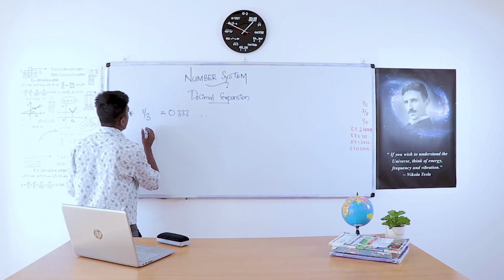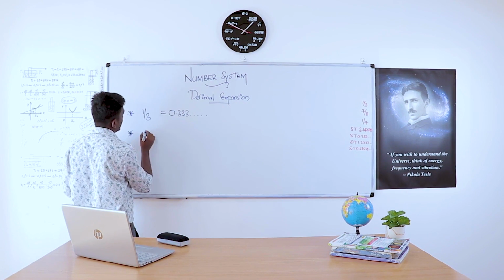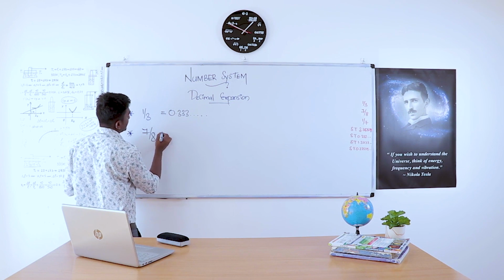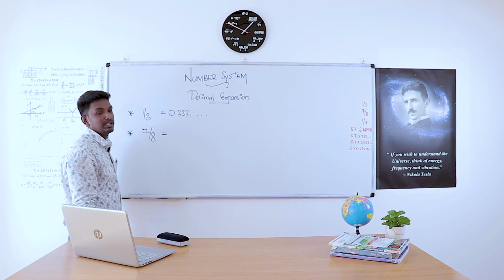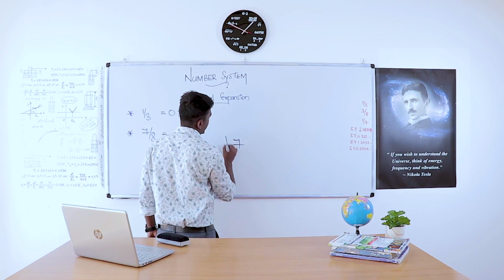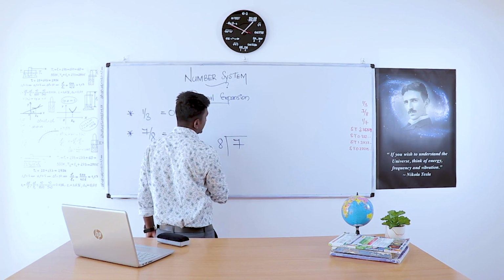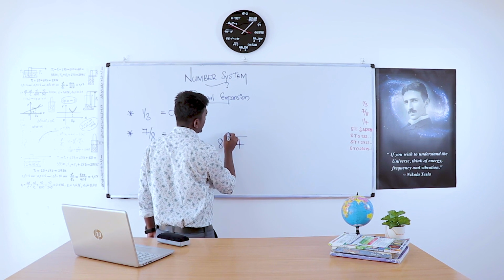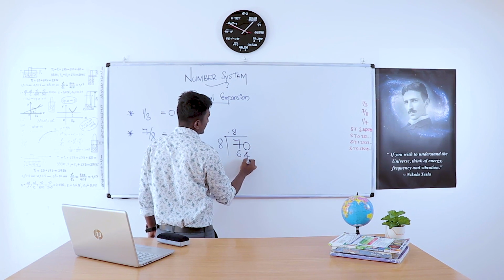Now look at another one, 7 by 8. Just divide 7 by 8. 7 divided by 8 is not possible. Putting a decimal, then it becomes 70. 8 into 8, 64.